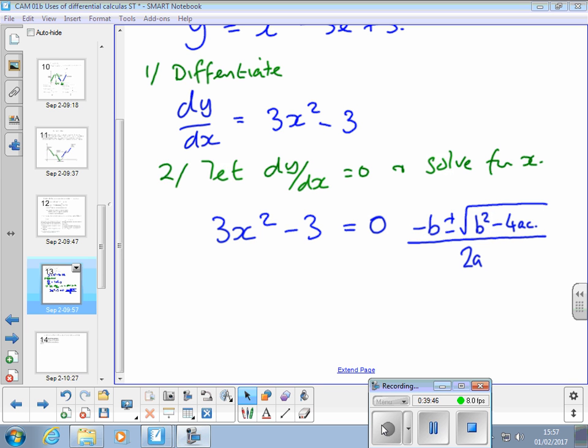Anyone remember factorization? You can write that as a pair of brackets. We must put 3x in one of them and x in the other to end up with 3x squared.